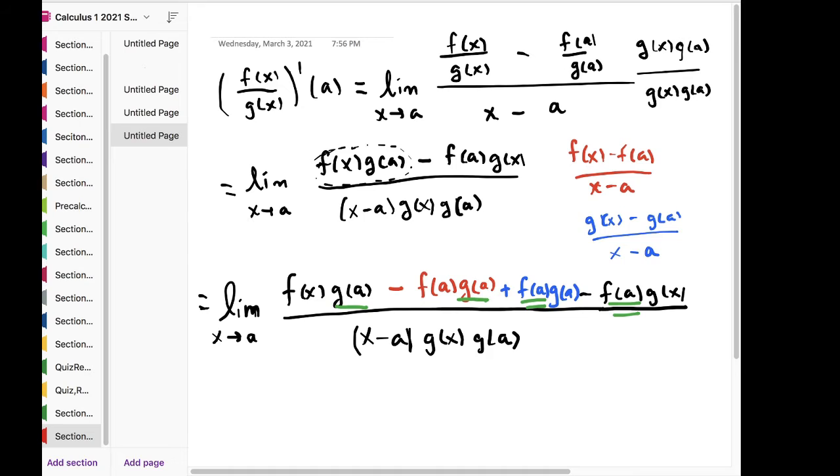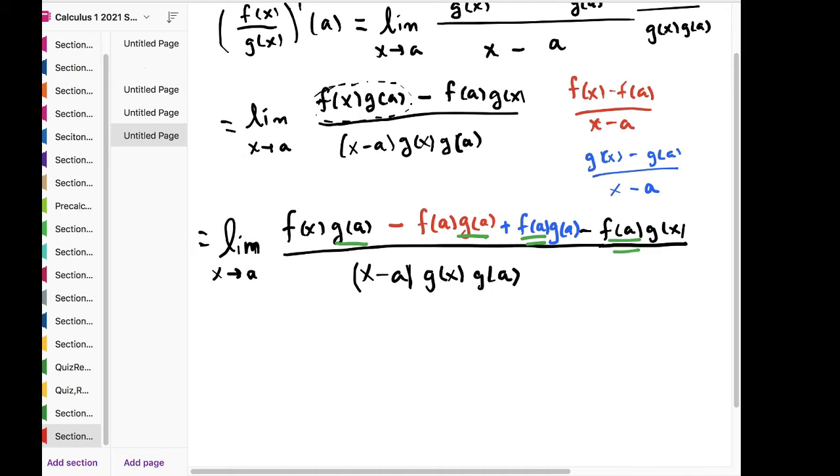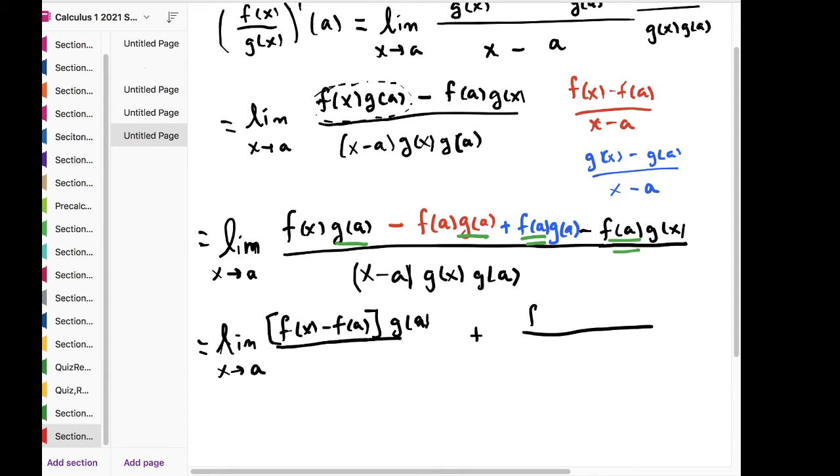Okay, so let's split up this fraction into these nice derivative components. So we have f of x minus f of a, and then factored g of a. And then plus f of a times g of a minus g of x.